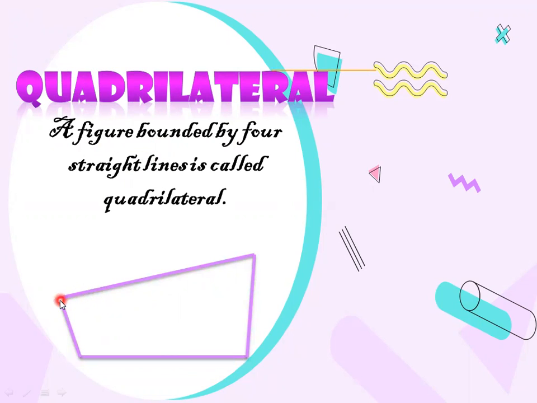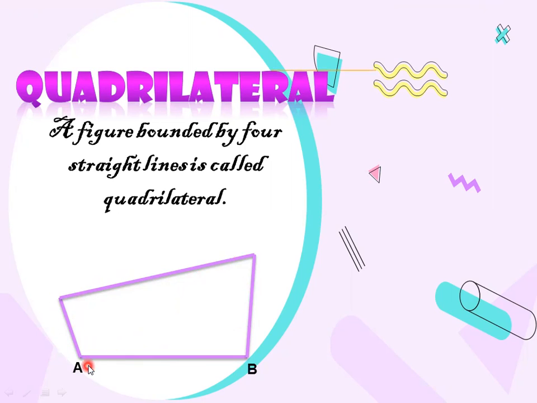This figure basically has four straight lines. This is line number 1, this is line number 2, this is line number 3, and this is line number 4. There are four straight lines here, and these lines are bounded with each other. So you will say that it is a quadrilateral. So what is a quadrilateral? Which has four sides.